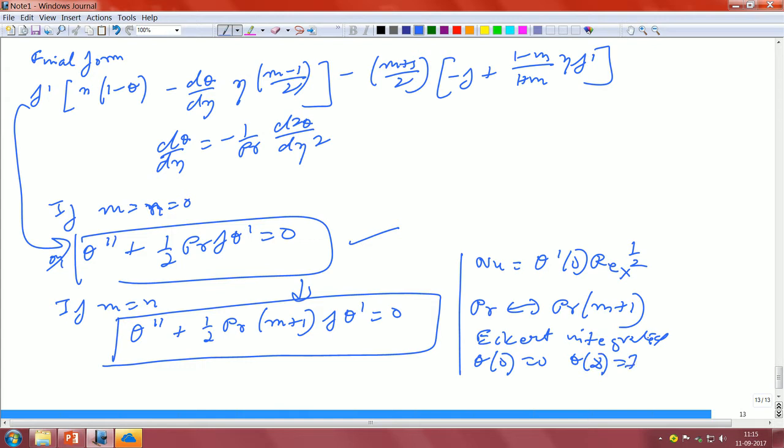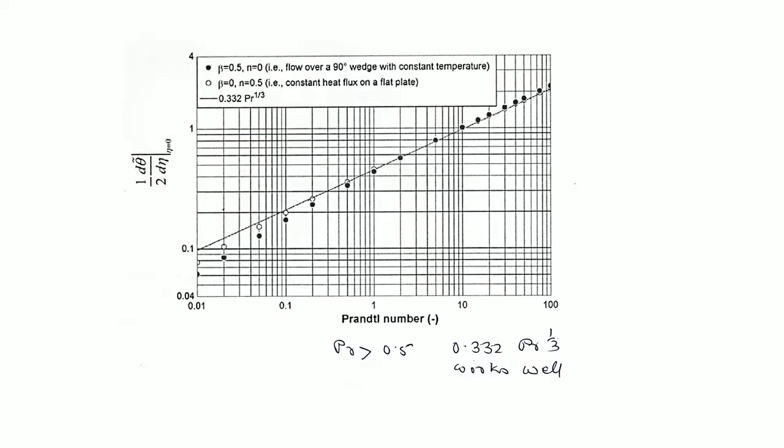So, if you look at the presentation format once again, this is basically the expression, and the line that is given as a solid line is the correlation that you are most experienced with, plotted in terms of Prandtl number.